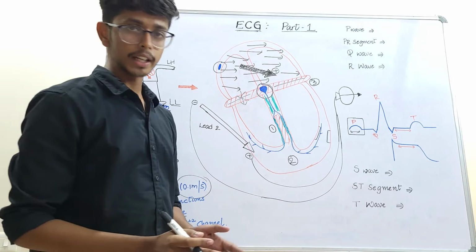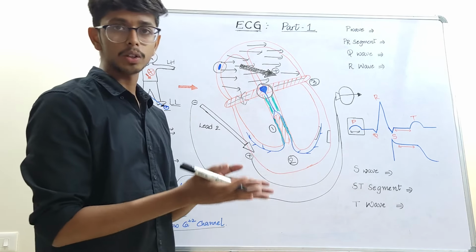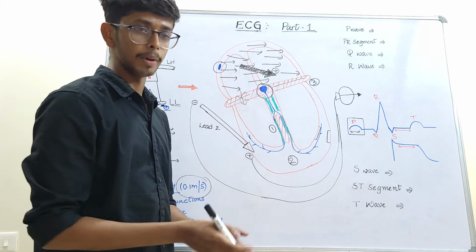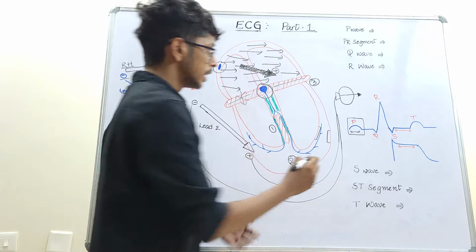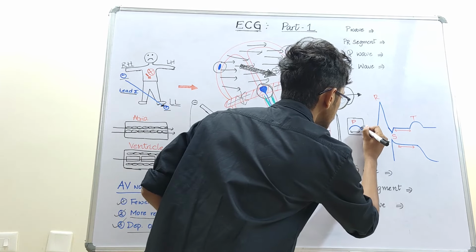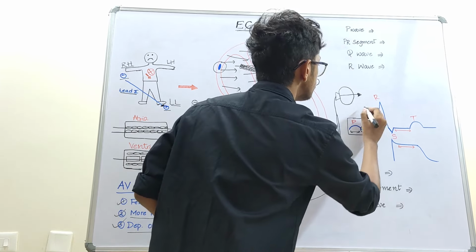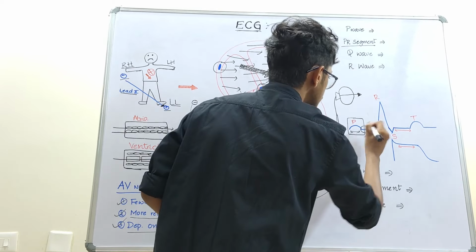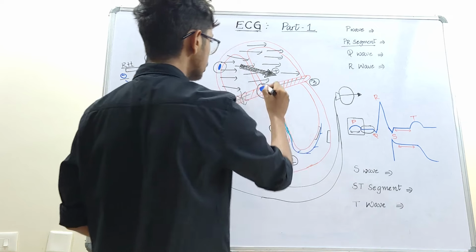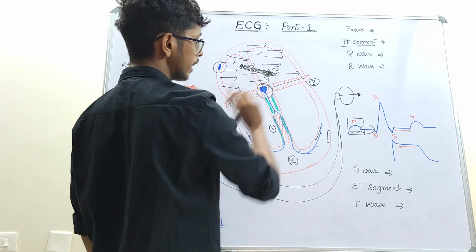What happens when there is any delay, or when there is no charge transferring properly? If there is no potential difference, there will be an isoelectric line in the ECG. This is the reason why the isoelectric line, or PR segment, is generated, because in this phase the current will be traveling through the AV node.